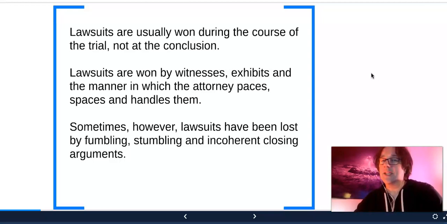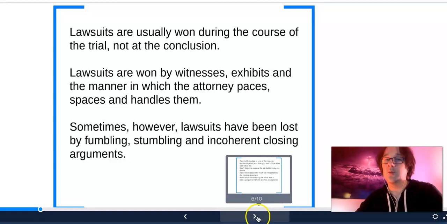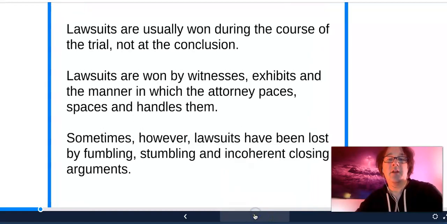So you're not likely to win the trial by having a wonderful closing statement, but you can certainly lose a trial or lose a case by having a bad one, right? So closing statements are important. It's something that you definitely want to get right.